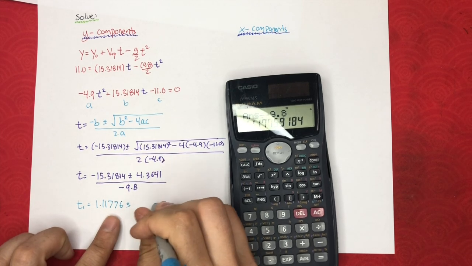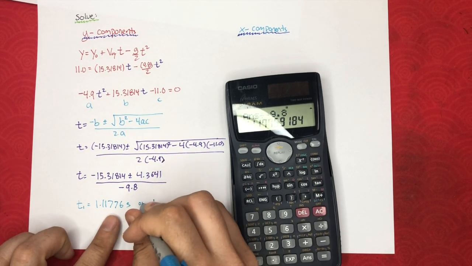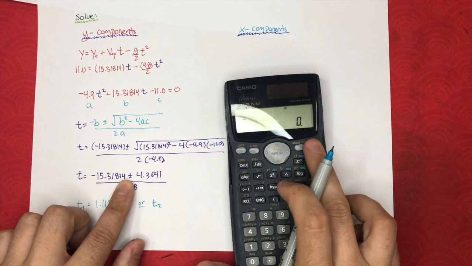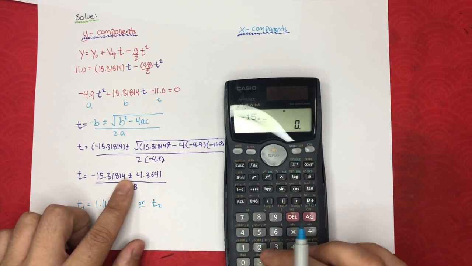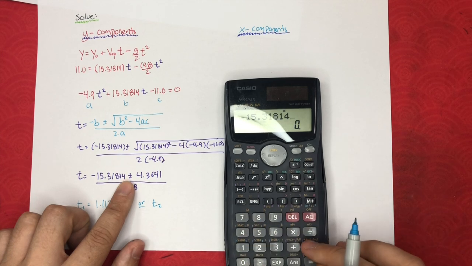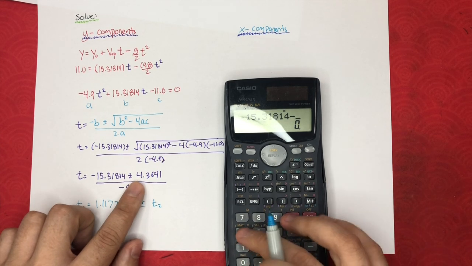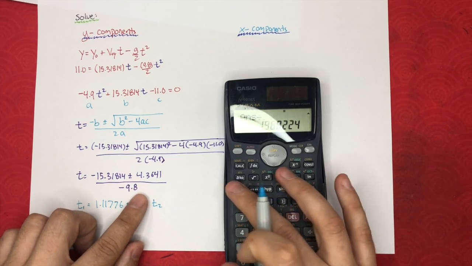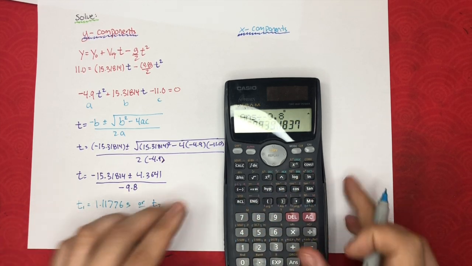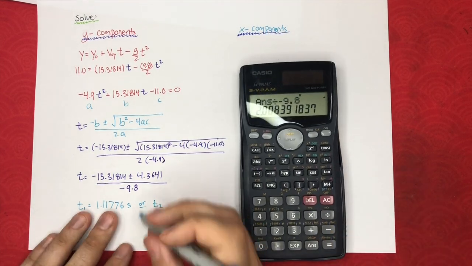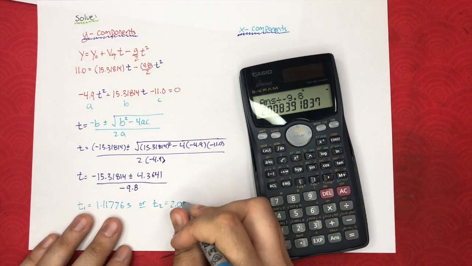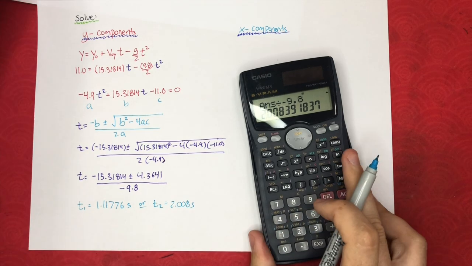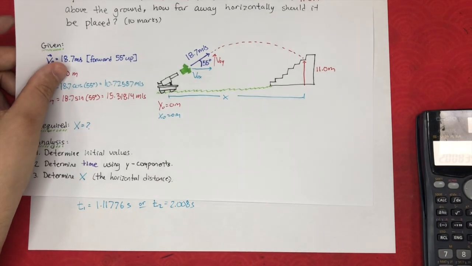Okay? What's the other value for time? Well, it's going to be using this minus sign down here. So we have negative 15.31814 minus 4.3641 divided by negative 9.8. That's going to give us a value of 2.008 seconds.